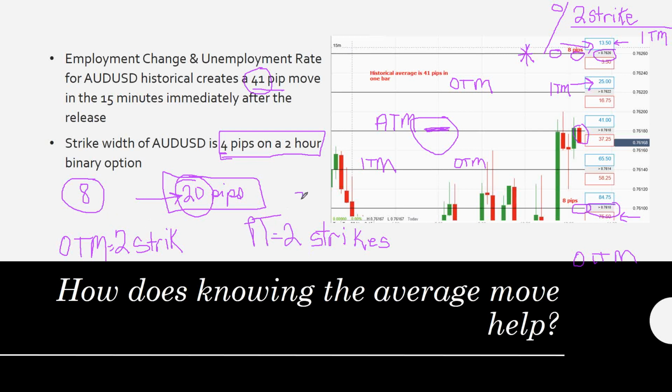So this would be 8 pips as well because the strike width on the Aussie is 4 pips, okay? So total, I need a 16 pip movement. Does everybody see how I calculated that? The strike width is determined by Nadex, and it's actually listed on their site, Wesley, under the Forex market.